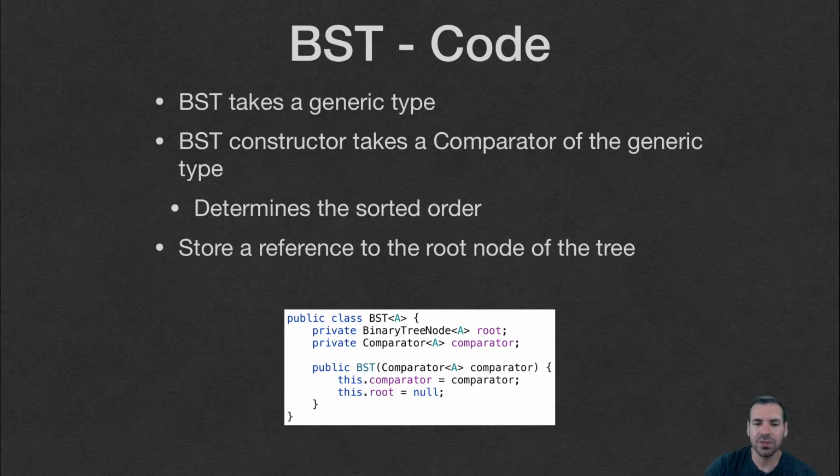Similar to those, but the tree version of it, we're going to have an instance variable that is the root of a binary tree inside our BST class. And we also need a comparator, so we can sort based on any comparator that we're given. So we're going to take that comparator in the constructor of the BST and store that as an instance variable so we can call this comparator just like we did with our insertion sort class. We're going to have that comparator handy.